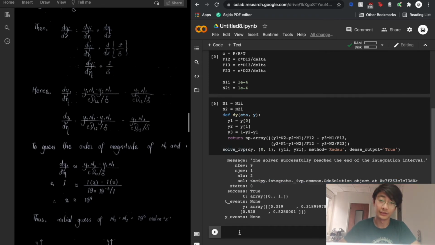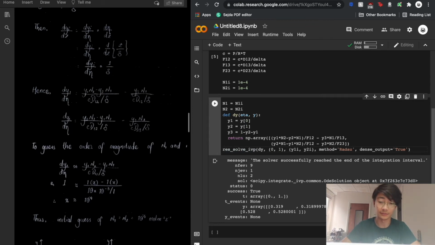I'm going to store this solution in a new variable. Let's call it res_IVP, for result of IVP. So we store that under there.